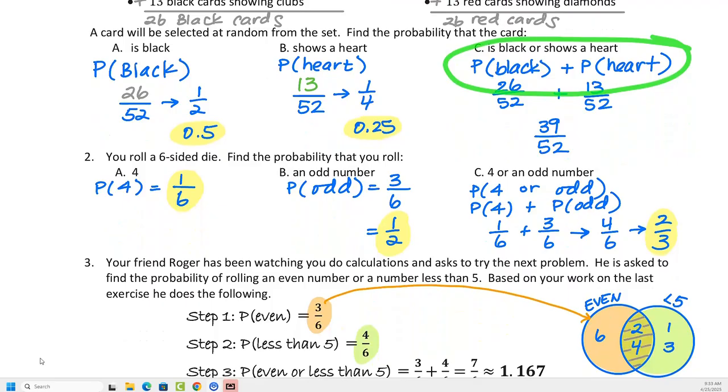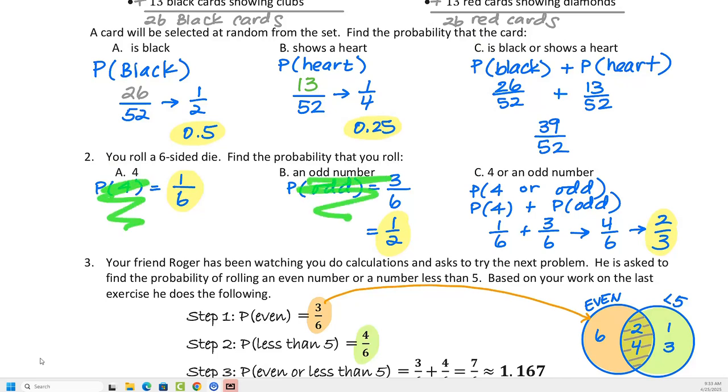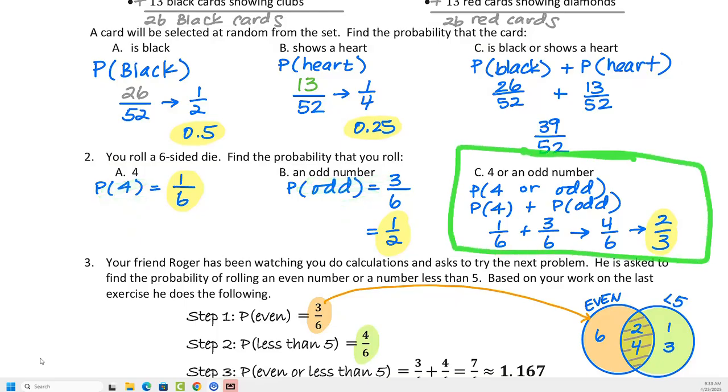Same thing on the next one, right? The die roll and being a 4 and being an odd number. Well, those 2 events are disjoint because none of the 4s are going to be odd. So then I could just add the probabilities like we had here.